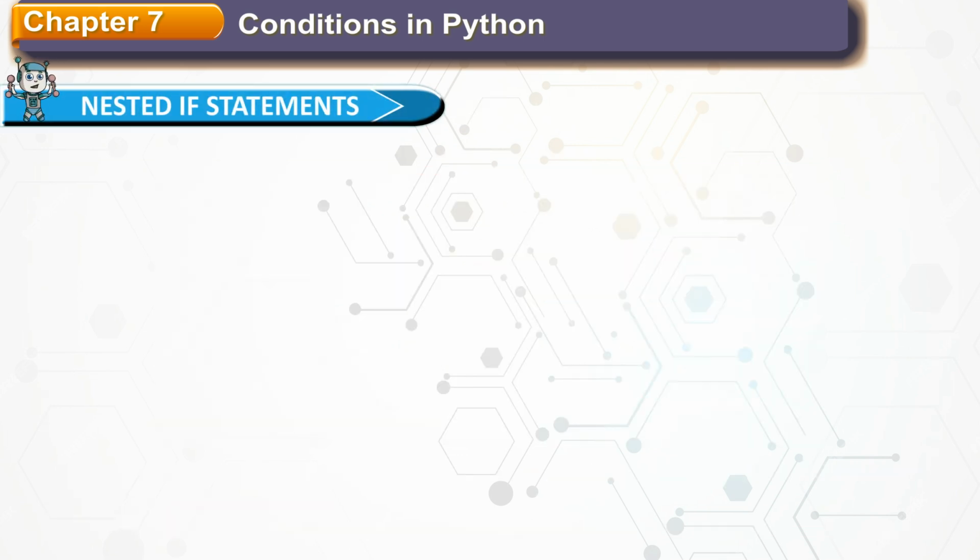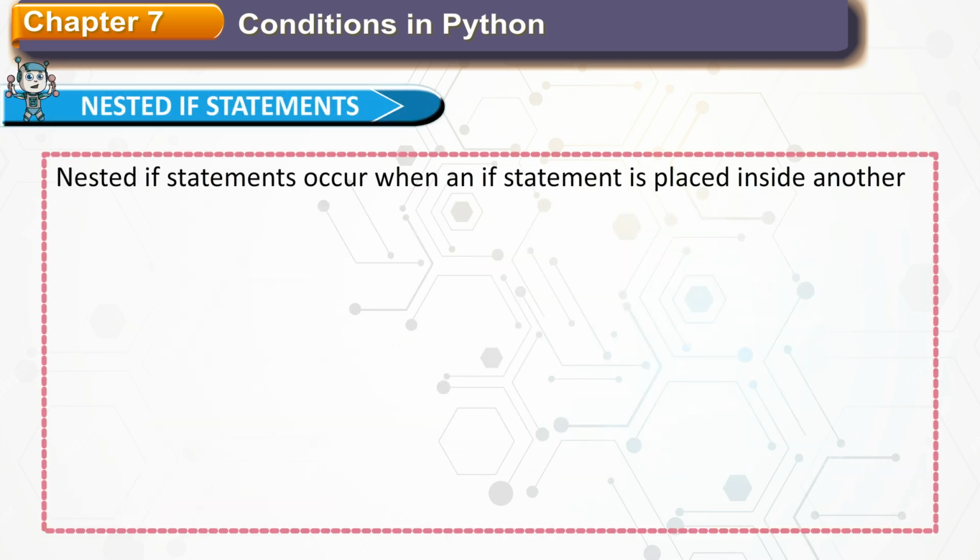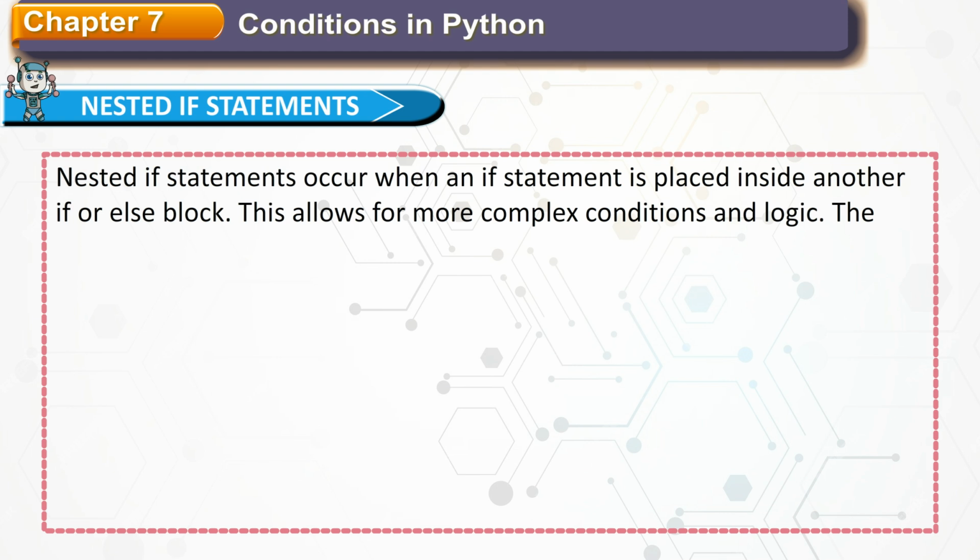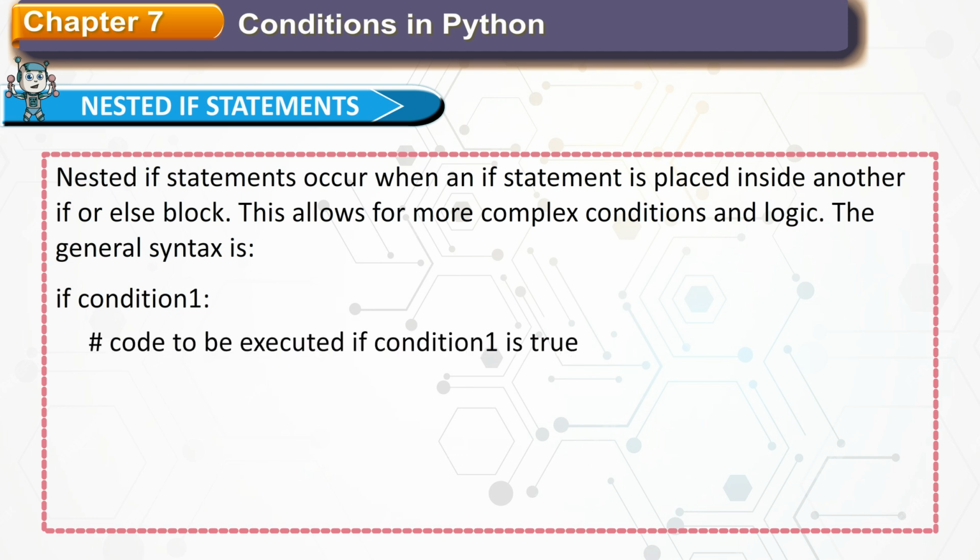Nested if statements. Nested if statements occur when an if statement is placed inside another if or else block. This allows for more complex conditions and logic. The general syntax is: if condition 1: # code to be executed if condition 1 is true.